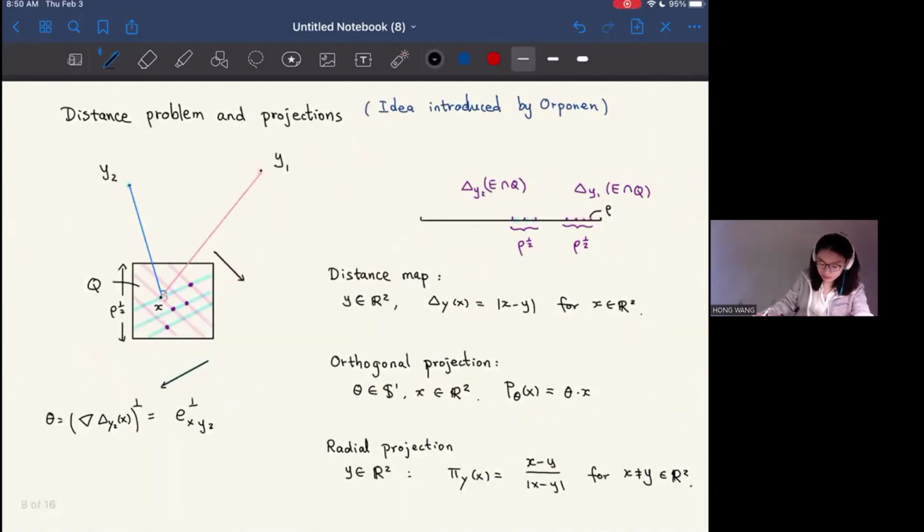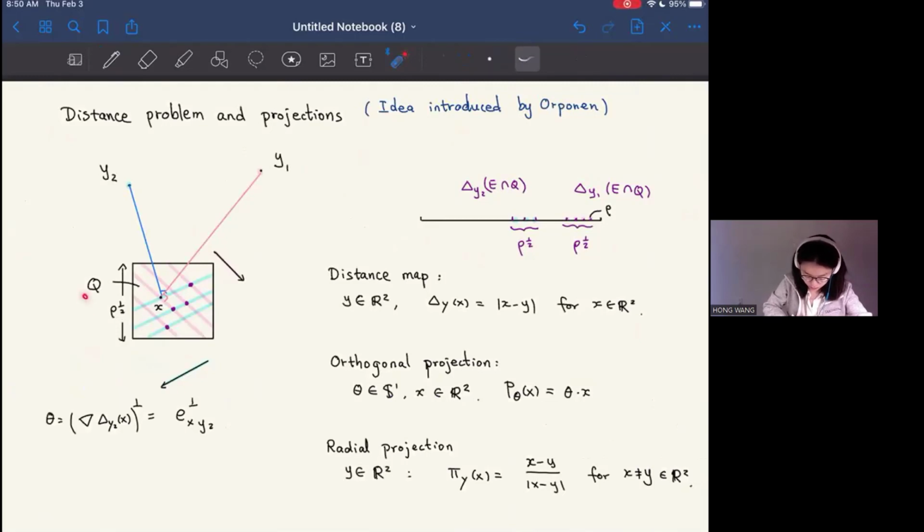Okay, so Thomas Orponen introduced the idea of relating the distance problem to projections. Here is how it's related.